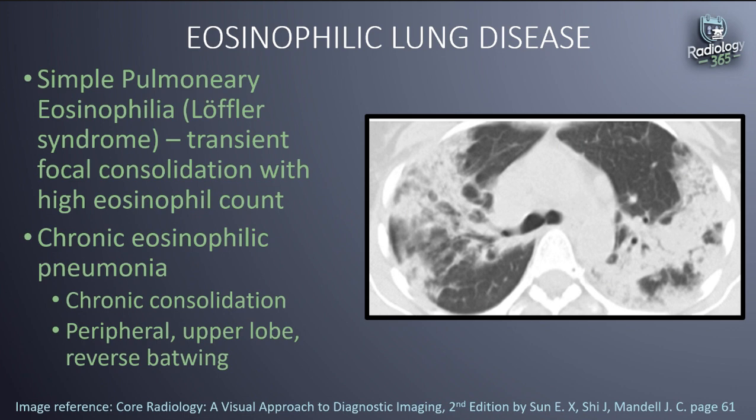Chronic eosinophilic pneumonia is also much less common than cryptogenic organizing pneumonia. You have to compare to prior films for transient or changing infiltrates over time, just like I mentioned with simple pulmonary eosinophilia. Chronic eosinophilic pneumonia responds rapidly to steroids, but unfortunately, relapse is also very common after you discontinue the steroids. Patients almost always have peripheral blood eosinophilia.